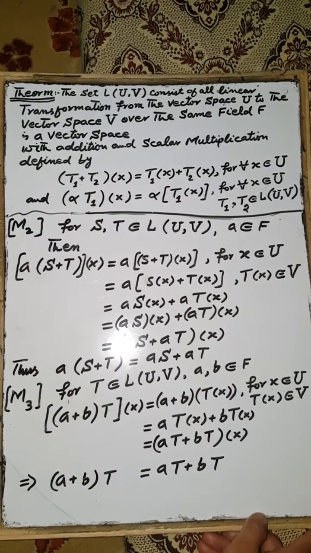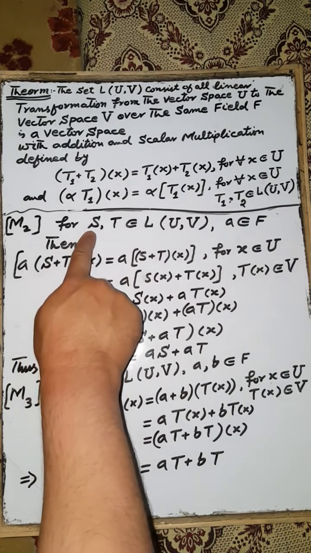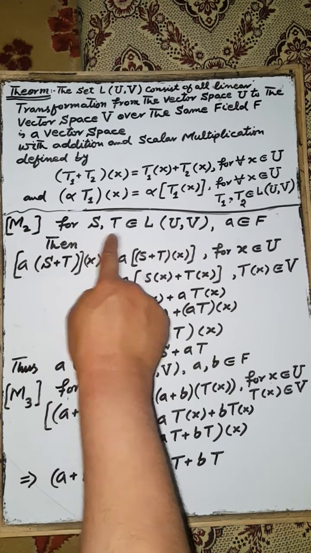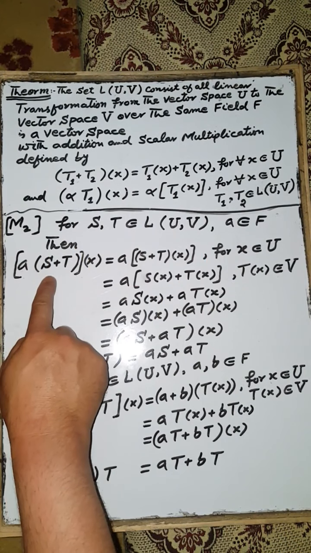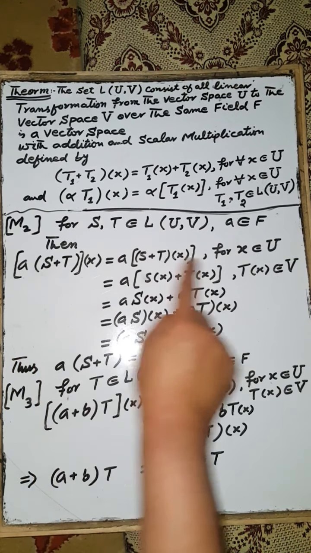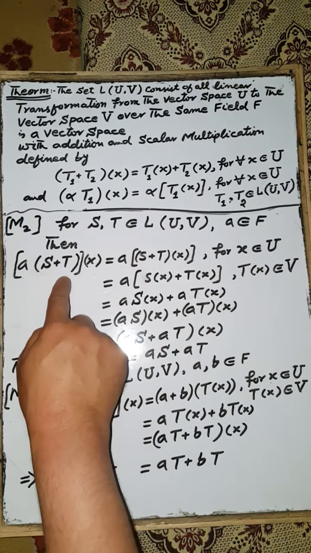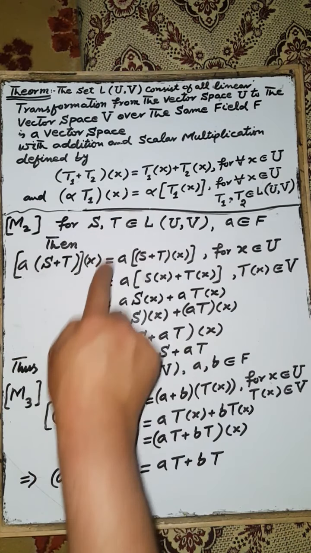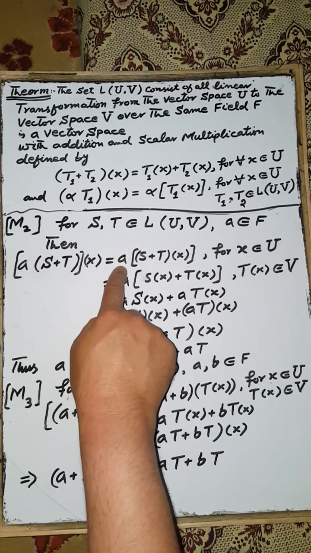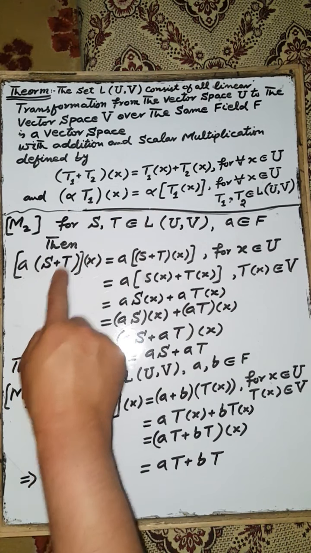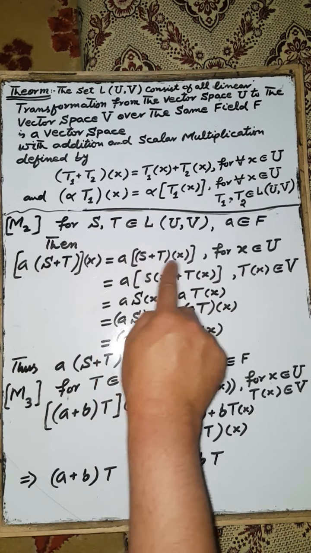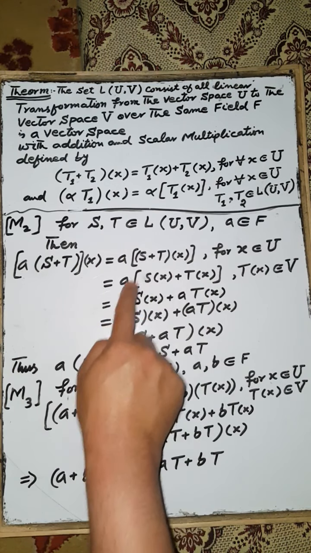Now the next condition: S and T are two linear transformations and A is any constant, then A multiplied by (S + T)x, x an element of U, is equal to, according to the second condition, A multiplied by S + T applied on x.